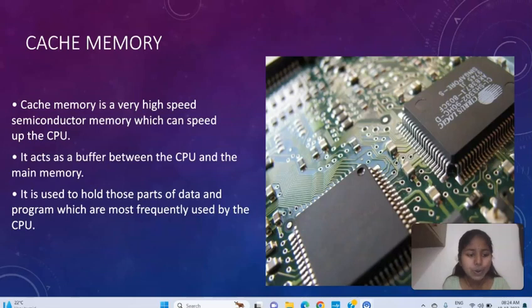It is used to hold those parts of data and programs which are most frequently used by the CPU.